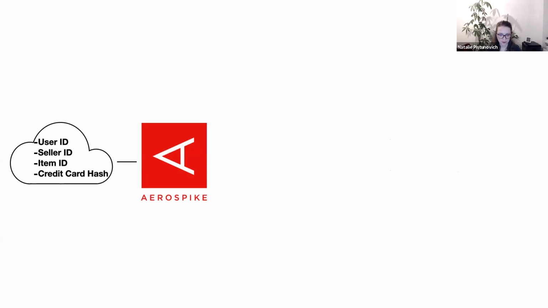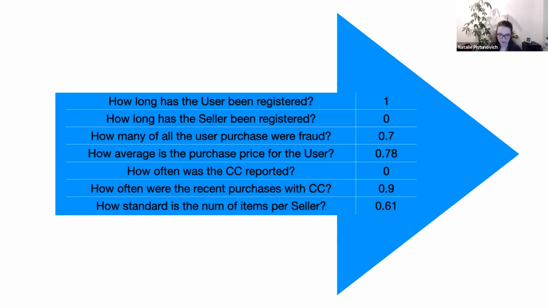This is stored on the database Aerospike, and this is being enriched. Enriched means that the 4 input values that we saw become a huge blob of information, for example, how long has this user been registered?